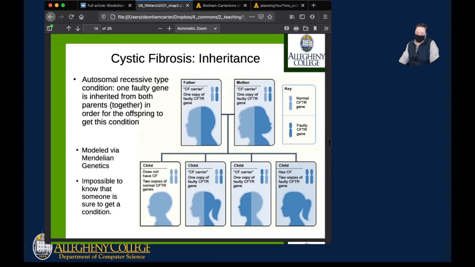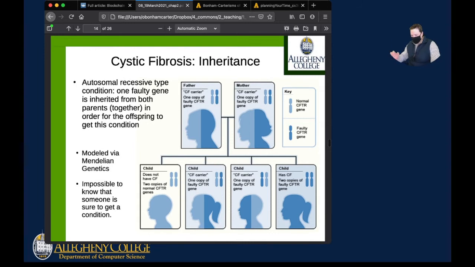So anyway, why are we talking about this? Because inheritance for cystic fibrosis works very similarly to the Mendelian genetics inheritance that we just saw with the peas and the flowers. If the mother or the father of the patient are cystic fibrosis carriers, then it means that they have one allele.